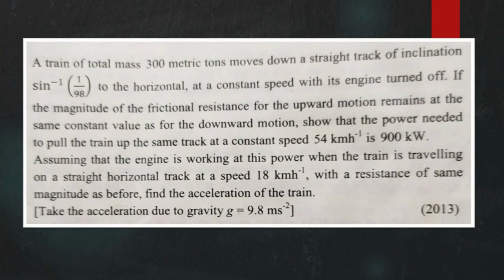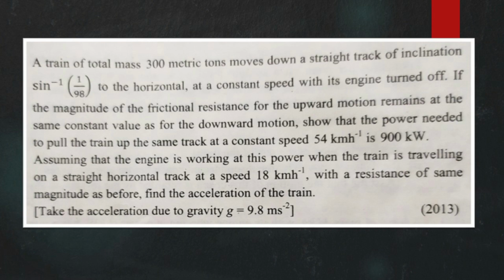The next example, a train of total mass 300 metric tons moves down a straight track on an incline sine inverse 1/98 to the horizontal at a constant speed with its engine turned off.